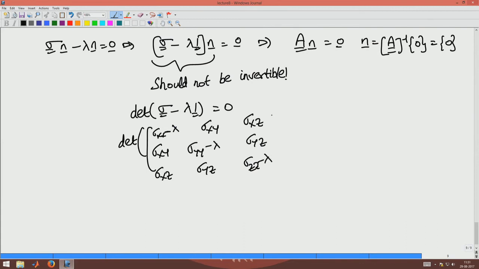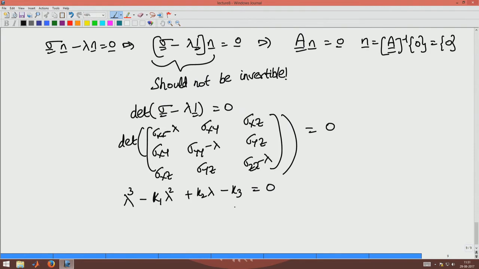I am substituting the identity matrix and expanding this; it has to be equal to 0. It is clear from this that when you find the determinant, it will be a cubic polynomial in lambda. That cubic polynomial can be written as lambda cube minus k1 lambda square plus k2 lambda minus k3 is equal to 0.